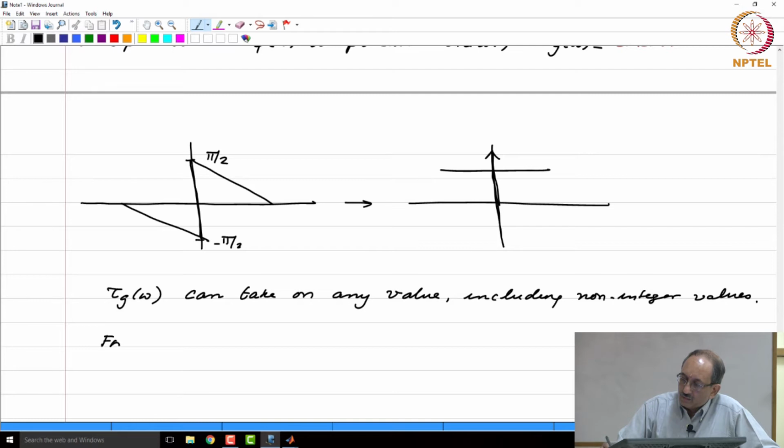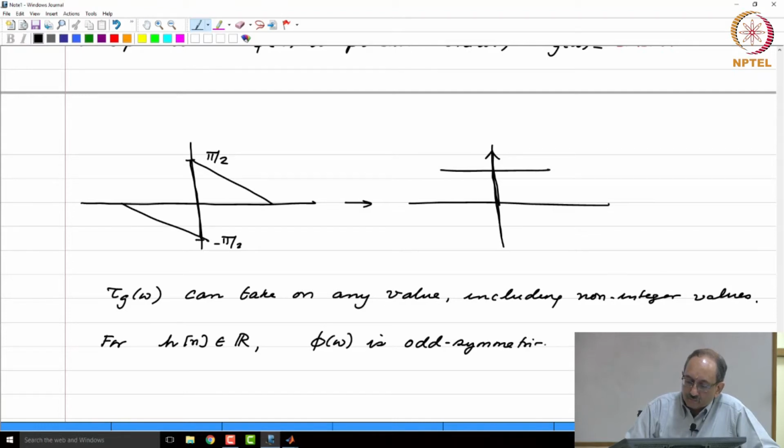And for systems with real valued impulse response, for each h of n that is real valued, phi of omega is odd symmetric. This implies that tau g of omega, which is its derivative, will be, what will be the symmetry of tau g of omega? Will be even symmetric.